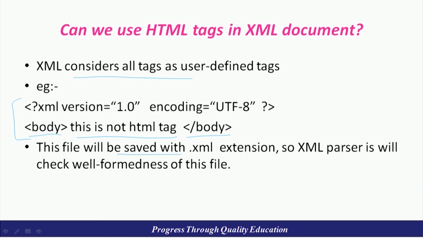This file will be saved with .xml extension. So XML parser is checking well-formedness of an XML document. I can say it won't check any semantics. I can give any text, I can give any attribute, I can give any attribute values.